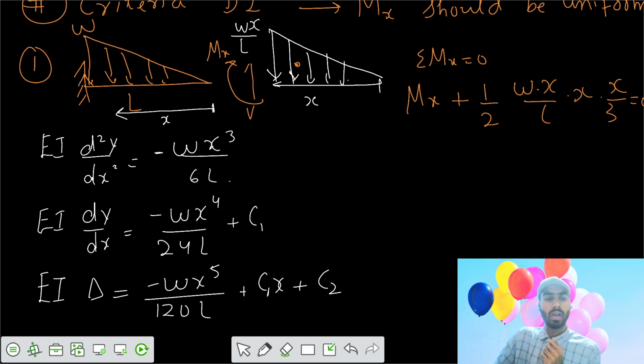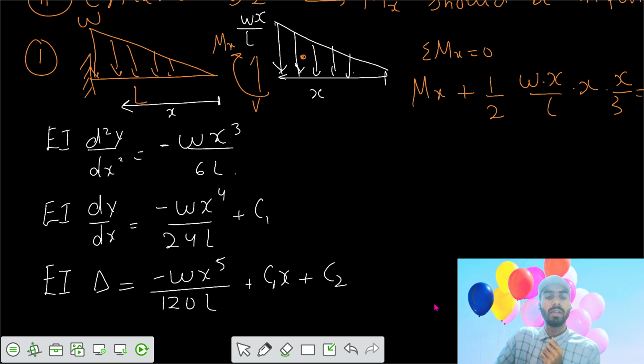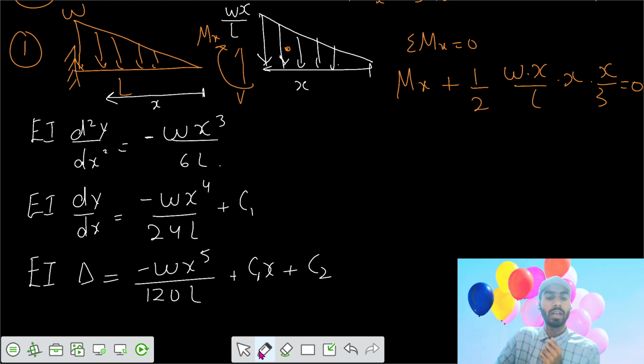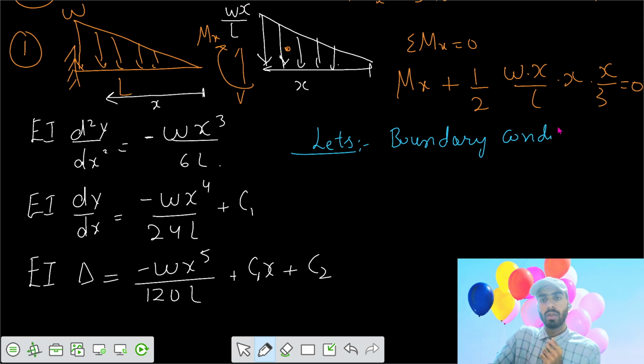Now how do we deal with these constants in the differential equation? We know that we use the boundary conditions, to get rid of these constants C1 and C2.